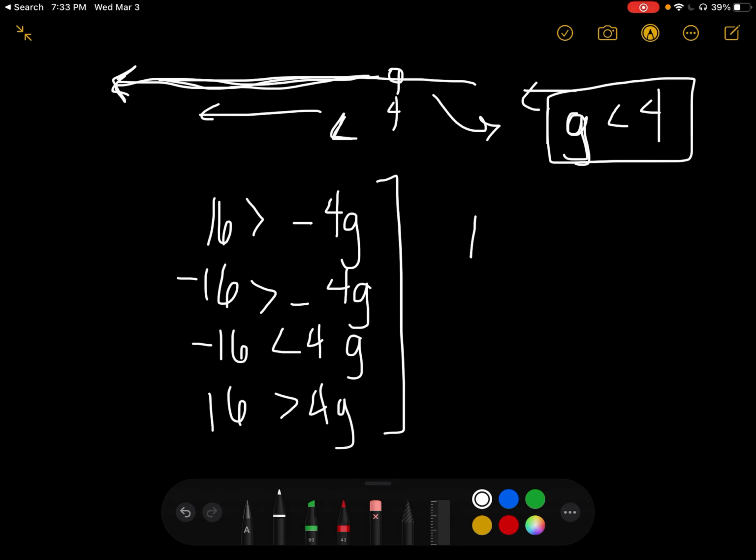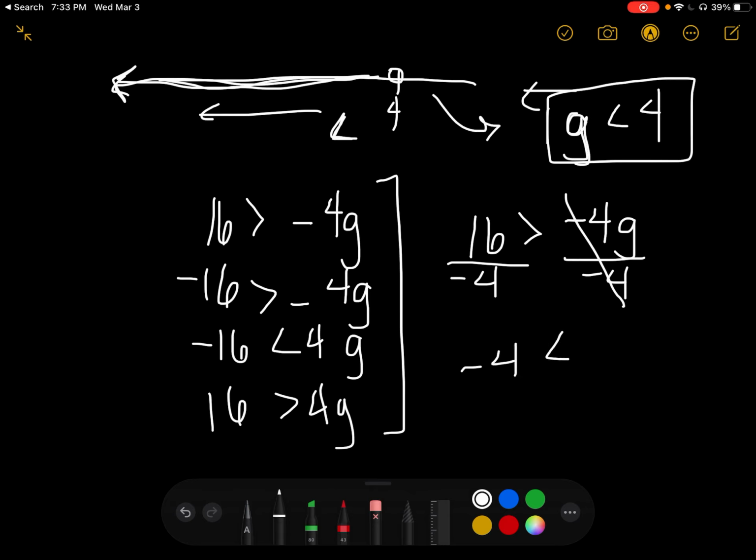I'm just going to walk you through the first one. So 16 is greater than negative 4g, right? I'm going to divide by negative 4, so these cancel out. I'm going to divide by negative 4 over here, and I'm going to have negative 4 is now less than, because I divided by a negative number, g.